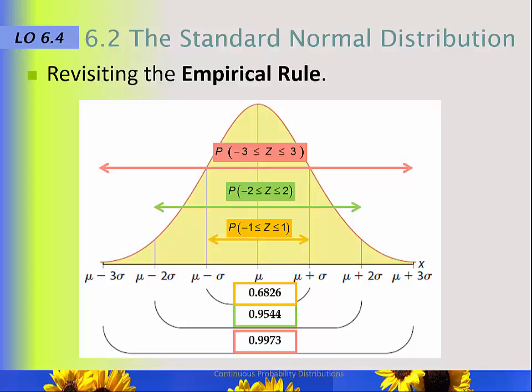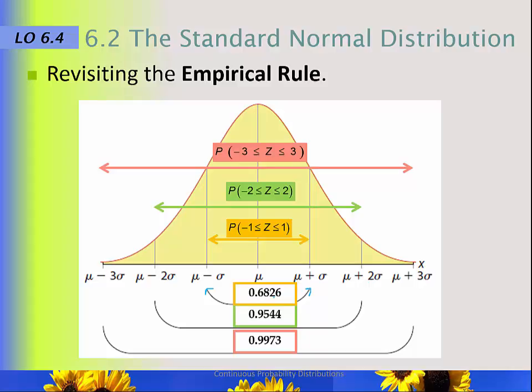So let me explain it to you. Basically, we know that the whole normal distribution, as I stated, is 100%. And what this does is sort of break it down for us. It says that between the 1 standard deviation lines, we know we've got a 68% chance of it occurring.